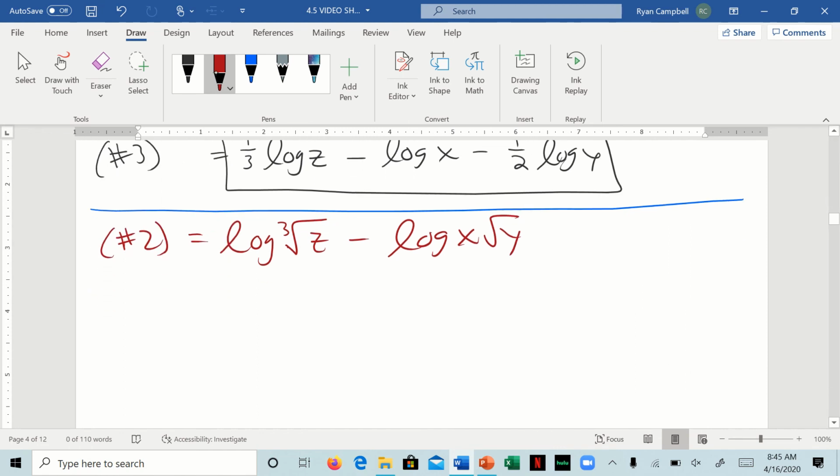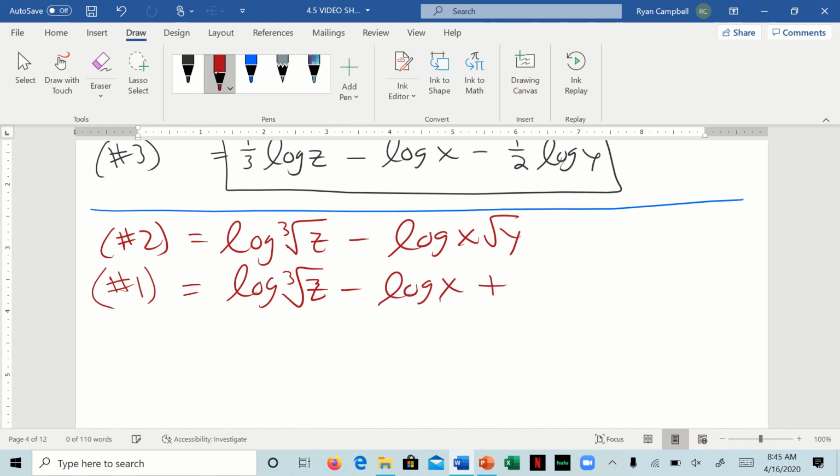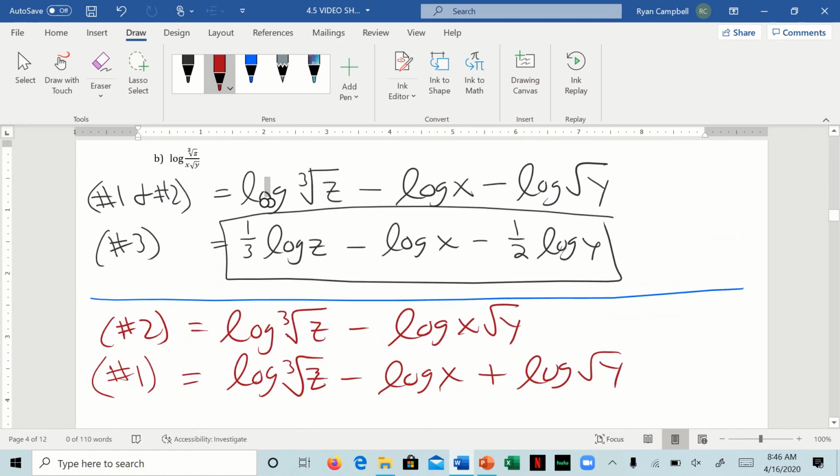And then you see, oh, well, this is multiplication. So number 1. And so what you write is log cube root of z minus log of x plus log square root of y. Well, now we got a problem, right? If you notice, this is not the same thing.